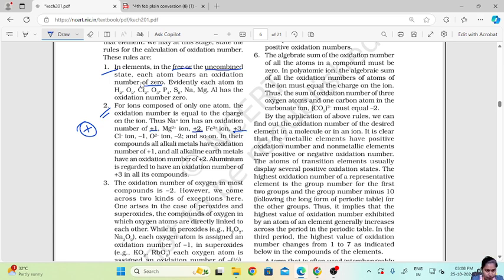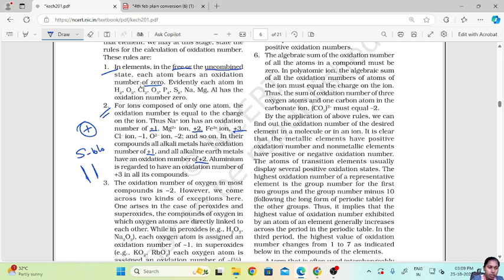Now, in their compounds, all alkali metals have an oxidation number of +1 and all alkaline earth metals have an oxidation number of +2. The alkali metals and alkaline earth metals are s block elements, the first two columns of the s block.